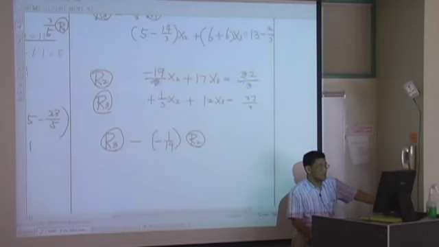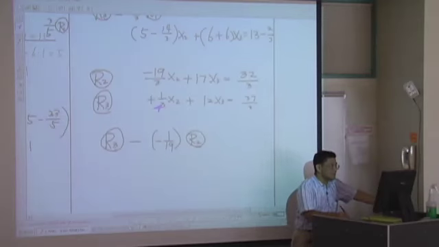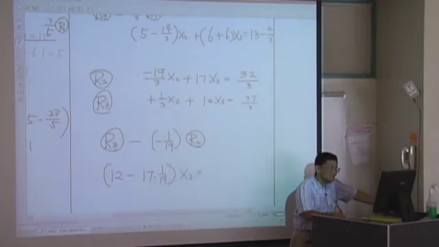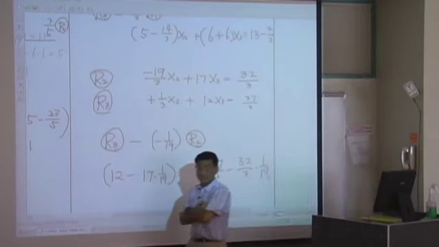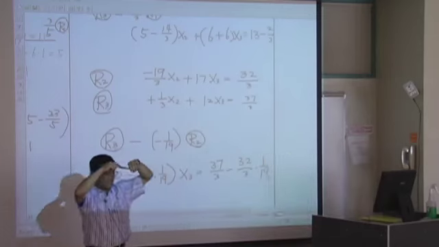Then we can eliminate this number. And then we can do the same thing. It is 12 minus 17 multiplied by 1 over 19, right? x3, and then the same thing, 37 over 3 minus 32 over 3 multiplied by 1 over 19. So we now eliminated everything in the second column.